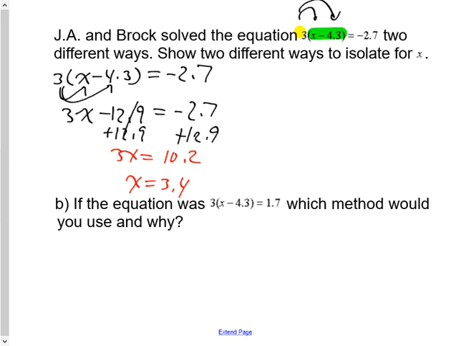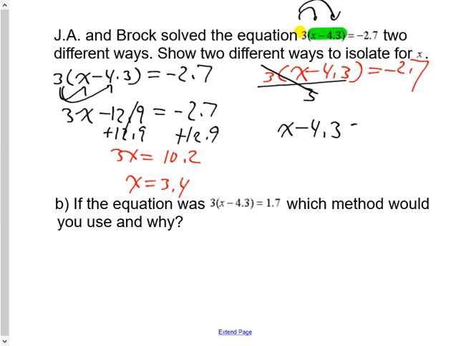What's an alternative way I could do it, Lily? Instead of expanding using distributive property, what could I have done to both sides? Right. So if I consider this question 3 groups of x minus 4.3, there's 3 groups of them. So instead of finding out what 3 groups is equal to, if I divide by 3, I know what 1 group of them is equal to.